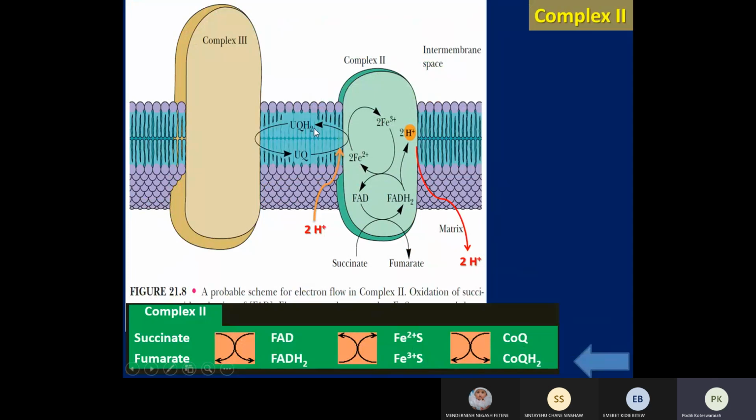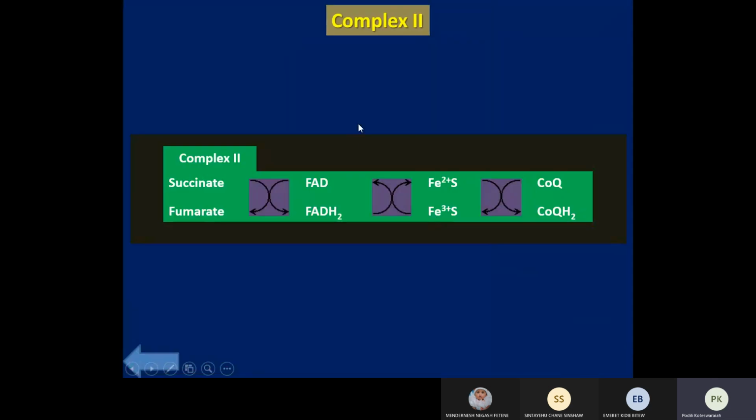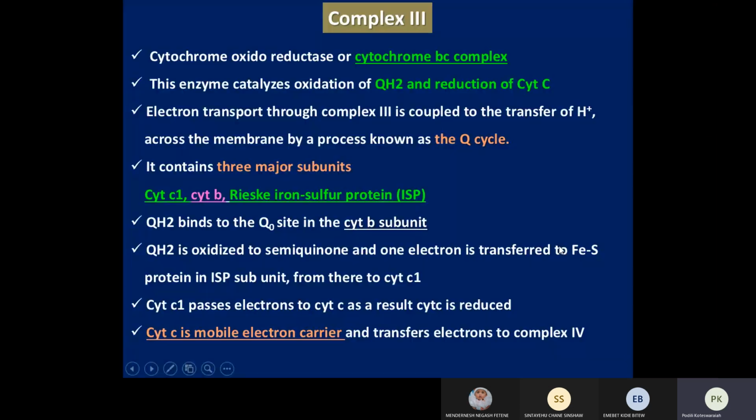As a result, ubiquinone becomes ubiquinol. So the net reaction in complex 2 is that when succinate is converted to fumarate, FAD is converted to FADH2. This FADH2 undergoes oxidation back to FAD, and the ubiquinone becomes ubiquinol. So this is about the complex 2.